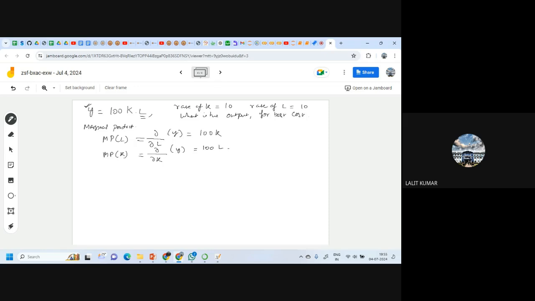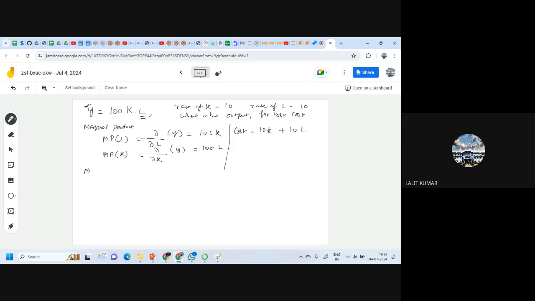And now, for example, here the rate has been given. So from here we can write cost is equal to 10 of capital K plus 10 of labor. Now here we find out the marginal cost with respect to labor and with respect to capital.